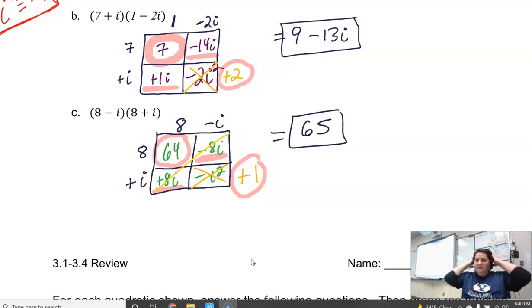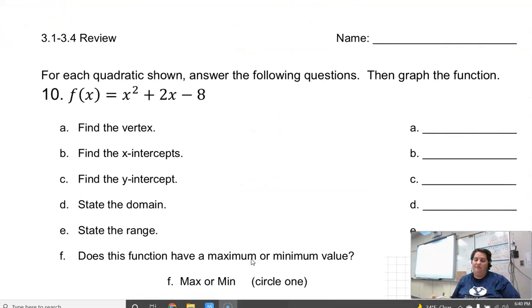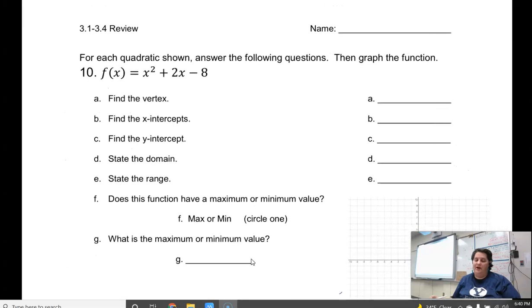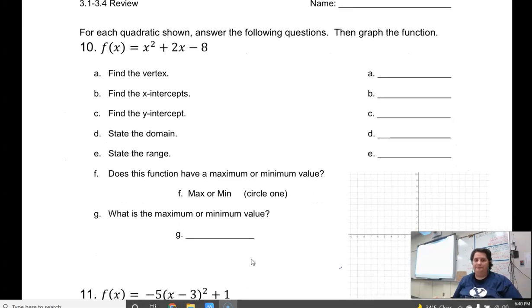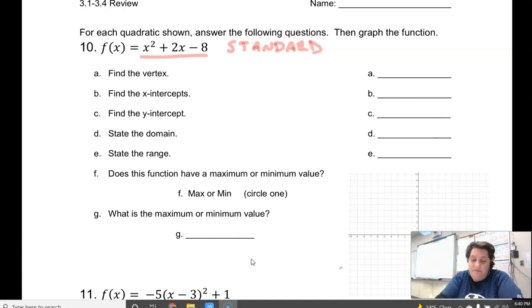All right, last but not least, on your test, you will have one of each type of quadratic. Okay? All right, my first quadratic right here, this one is in standard form. And the thing I want you guys to remember about standard form is the vertex, we'll write some notes over here, is negative b over 2a.